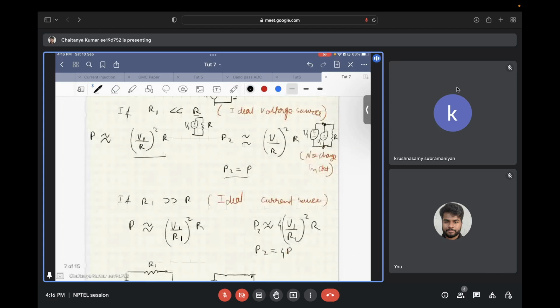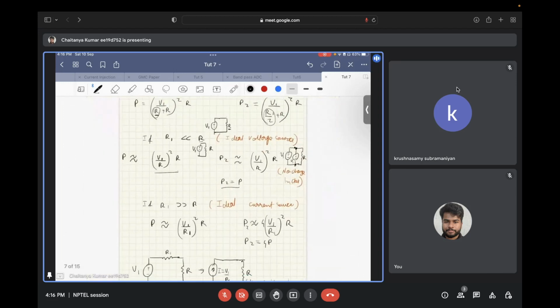So equation wise, we can neglect R in this case. So we have power as (V1 by R1) whole square times R, and in the second case, since it is R1 by 2, it becomes 4P.